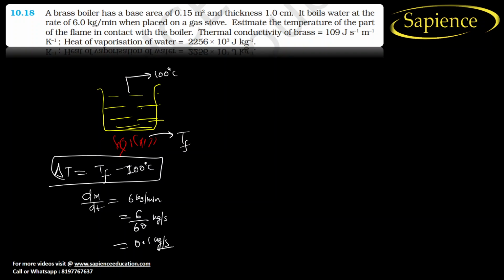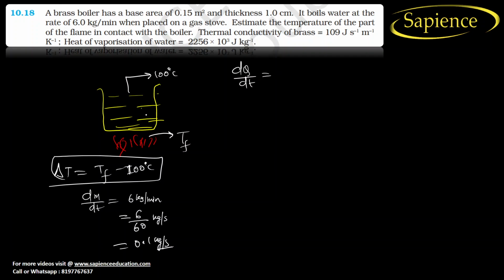So this is the mass evaporation rate. In 1 second, what is the rate of heat transfer? So we can write here dQ by dt, and this is equal to the heat transfer.